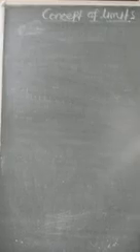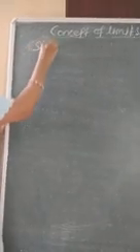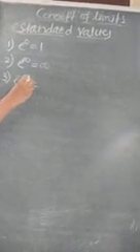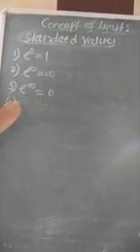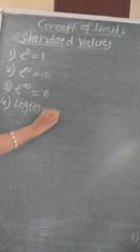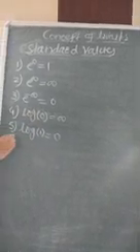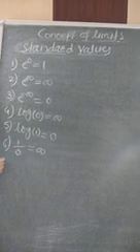Now, some standard values. E raised to 0 equals 1, e raised to infinity equals infinity, e raised to minus infinity equals 0, log of 0 equals infinity, log of 1 equals 0, 1 by 0 equals infinity, 1 by infinity equals 0.